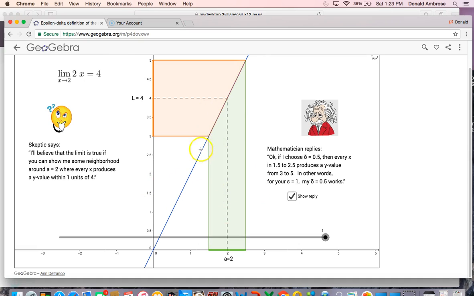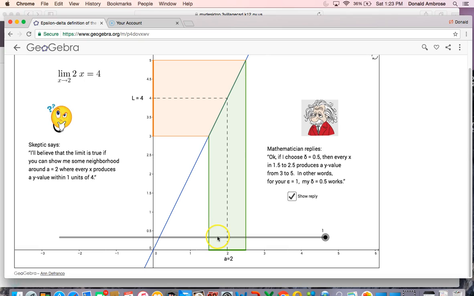And what you see here, we have the graph of y equals 2x, and if we go 1 away from 4, that would take us down to 3 or up to 5. And we see that there definitely are functional values where we're within 1 of 4.